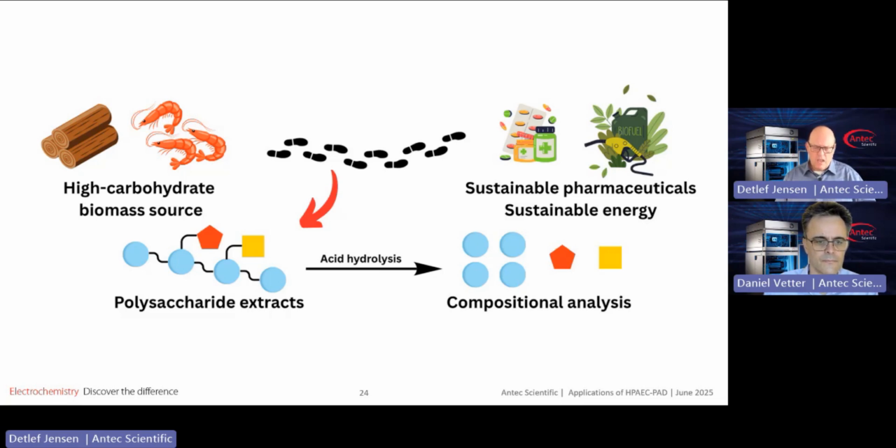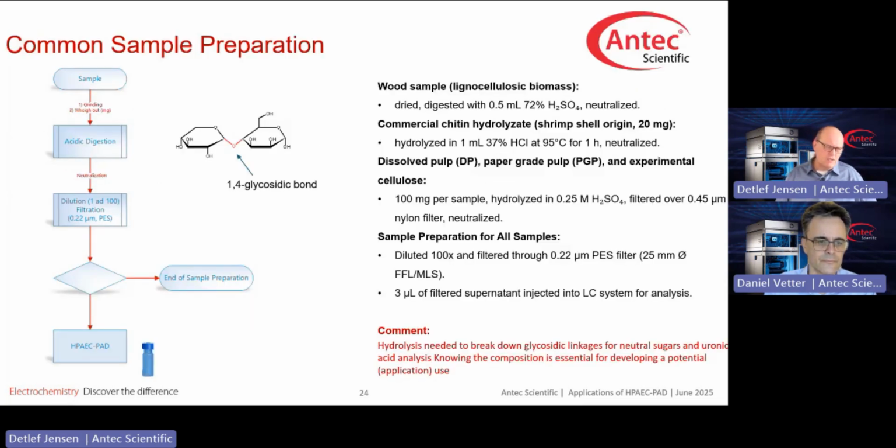Now, if you look at wood, or at chitin, the crust, if you so want, the shells of crabs, you have to answer the question, how do I access the carbohydrates? I mean, how do I release the carbohydrates? And again, if you look into publications on this topic, there are sample preparation techniques described, like the one you see in front of you, where we use an acidic digest, and the acidic digest depends on the matrix.